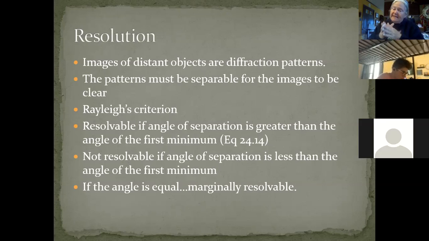There is a limit to how much detail you can see, and it has to do with the angle of separation. So the higher the resolution, the smaller that angle is that you can have and still see detail. What happens is you're looking at essentially their diffraction patterns. If their diffraction patterns overlap, they are unresolved. You cannot see individual details.